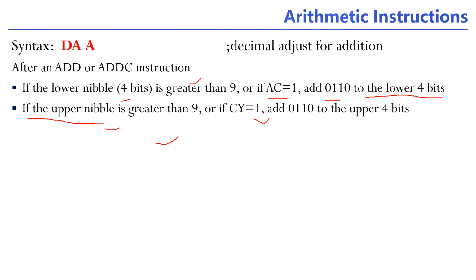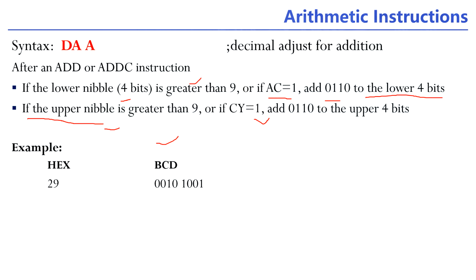So first of all we check the lower nibble and higher nibble. If these conditions are fulfilled, we can add the value 6. 0110 is nothing but the number 6 in BCD form. So we can take a small example here.